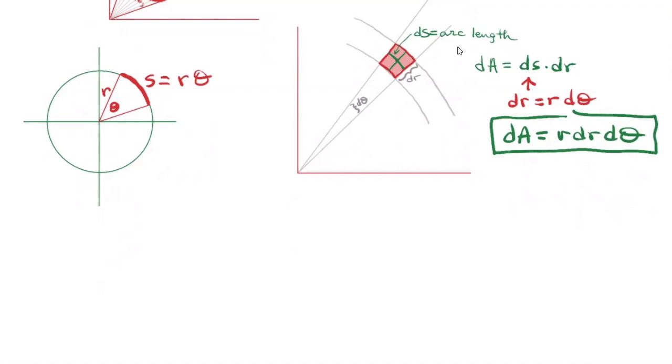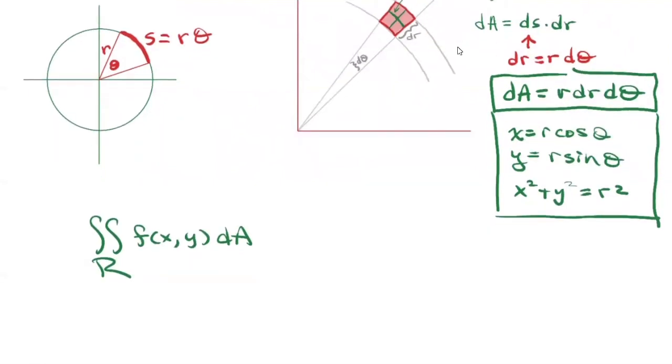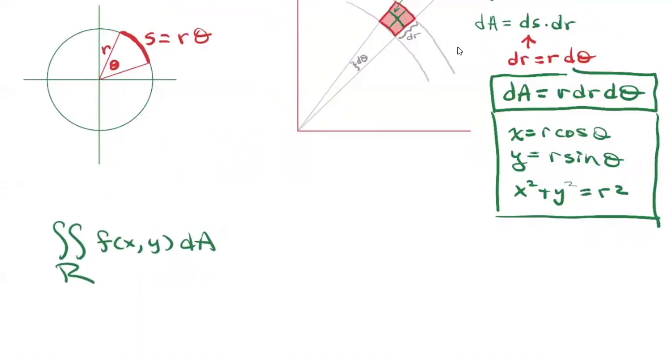You know in polar x is r cos theta, y is r sine theta. You know that x squared plus y squared is r squared. And so if you have to integrate a double integral of f of x y dA over r, then this should be, at this point, pretty straightforward.